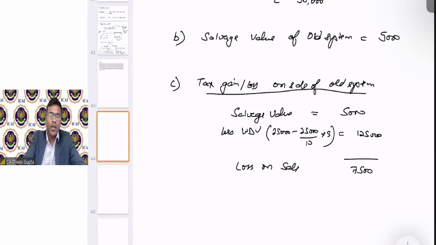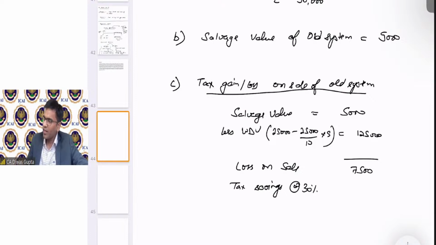So once we have the loss on sale here, just a second, students. Yes. Once we have the loss, tax savings will be 7,500 at the rate of 30%.